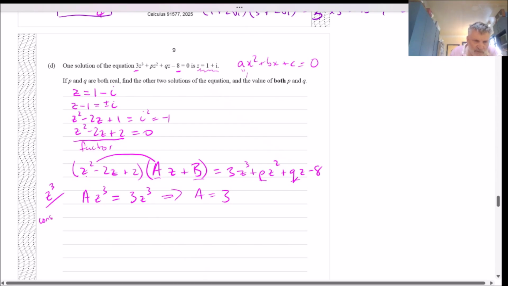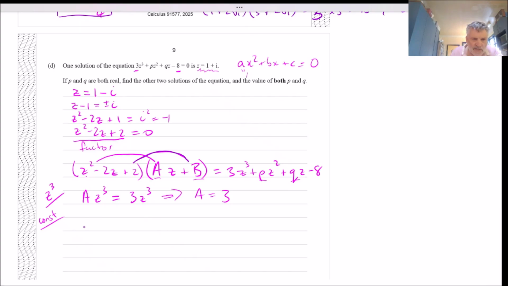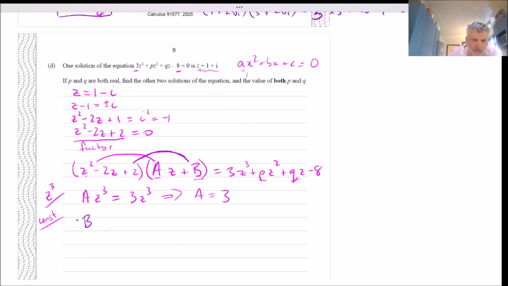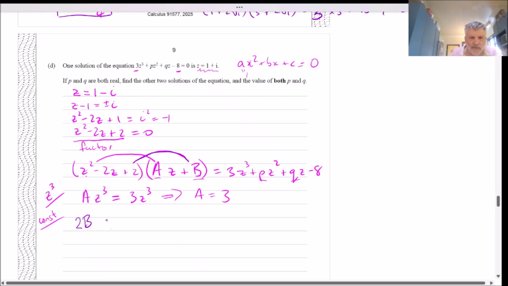And skip over z squared and z. If we just look at the constant term, the only constant term comes from here. Maybe I should do that in a different color. So that means that b times 2, that's better. 2 times b has to equal negative 8.